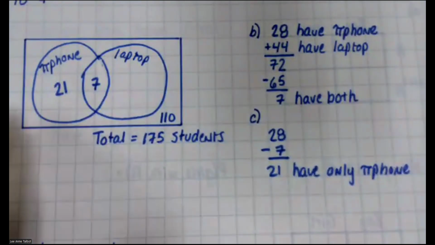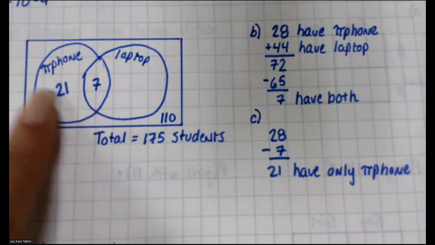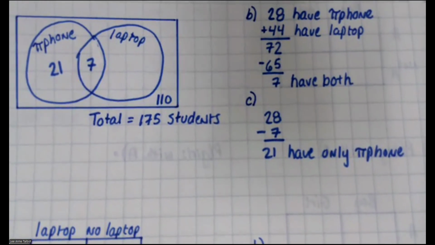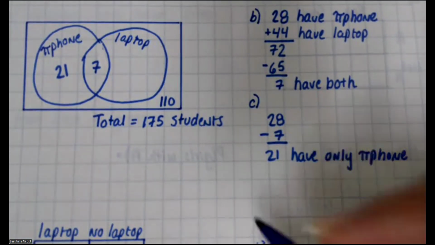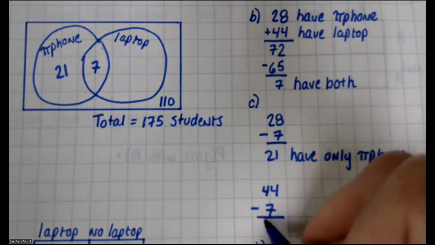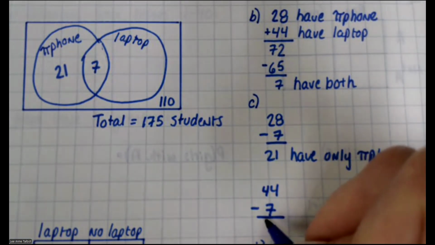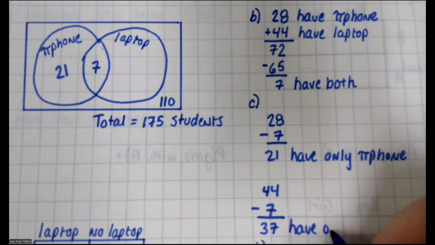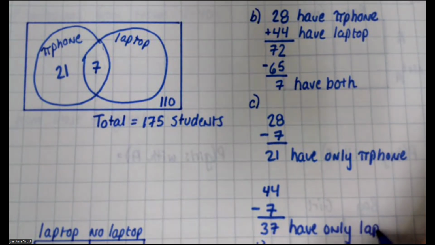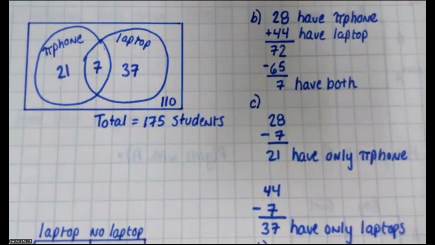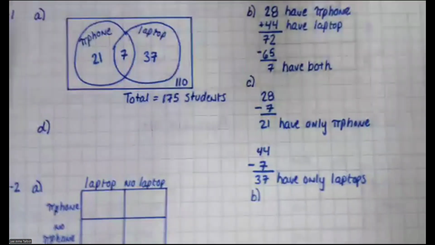That means that this whole circle needs to add up to 28. And this whole circle needs to add up to 44.